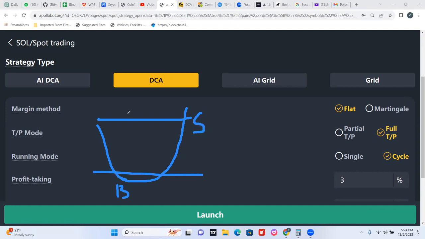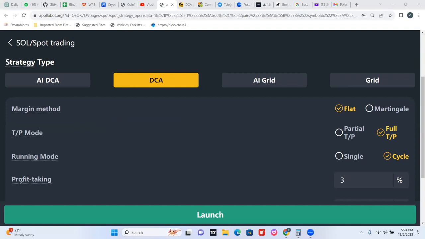That's it, you end that trade. The trade is closed. Then you pick another coin. So this is how you choose between the cycle and the single.